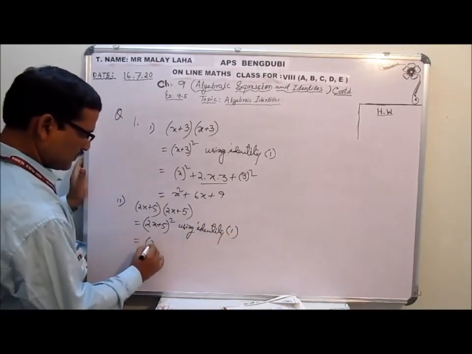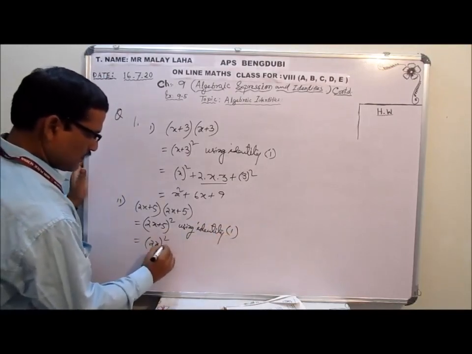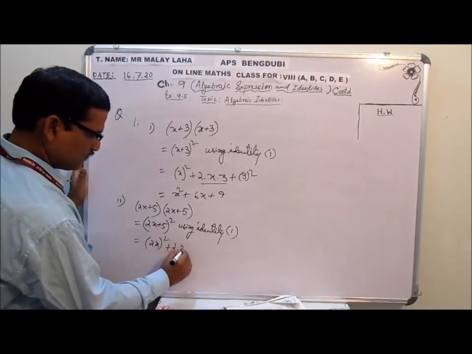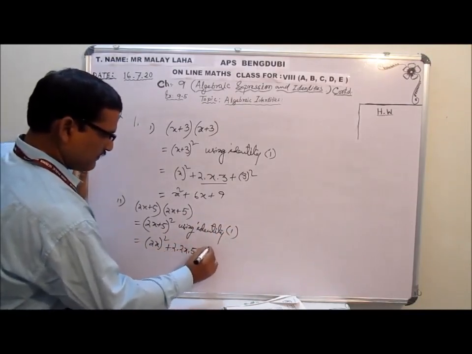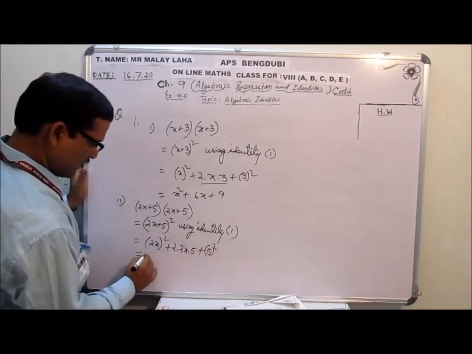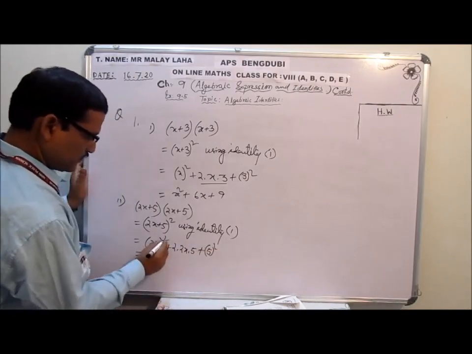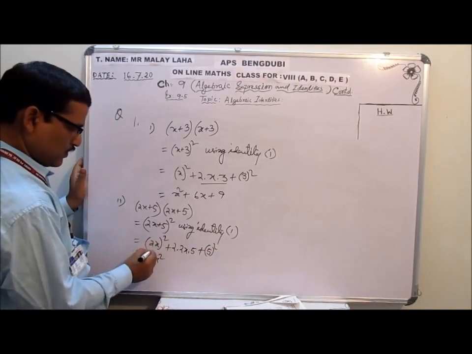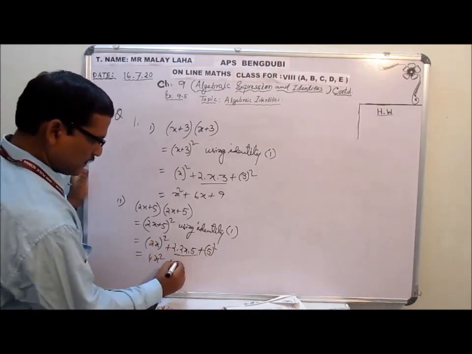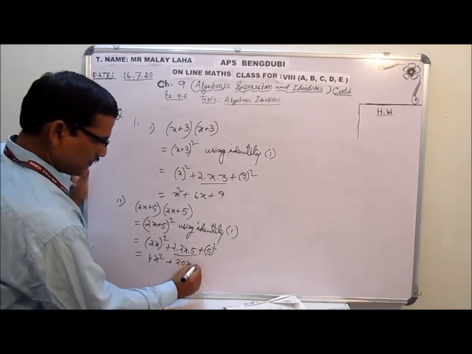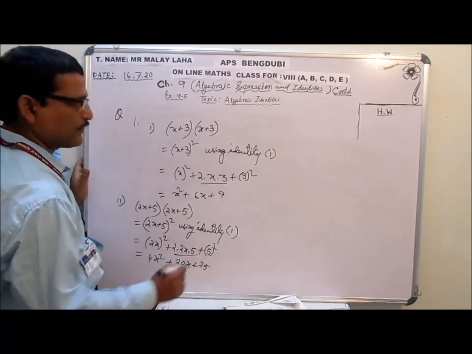So a is 2x, whole square, plus twice a, that means 2x, b means 5, plus b square, means 5 square. So I'm getting 4x square, when square is on 2 and 4, 2 to the 4, 4x square plus, what is the product of this? 20x plus 25. Got it?